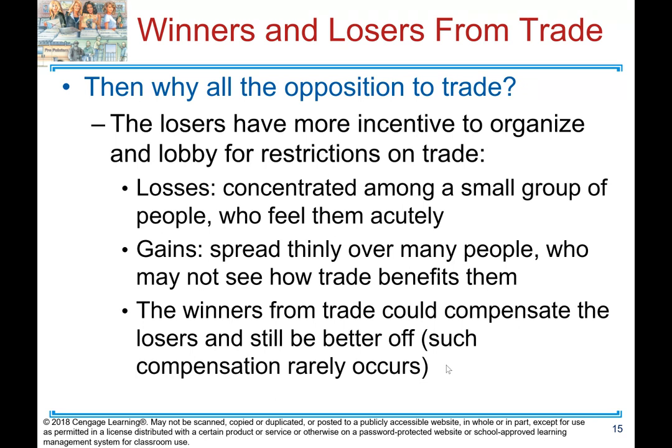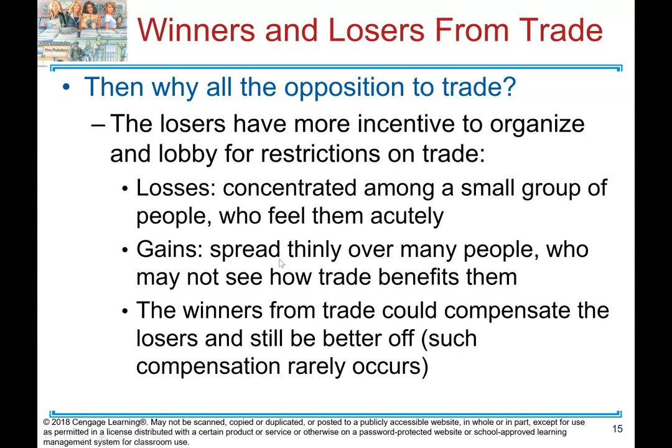Then why all the opposition to trade? Why is trade a very controversial issue? Well, the losers have more incentive to organize and lobby for restrictions on trade. Remember, trade creates winners and losers. Now, losses are concentrated among a small group of people who feel them very acutely.